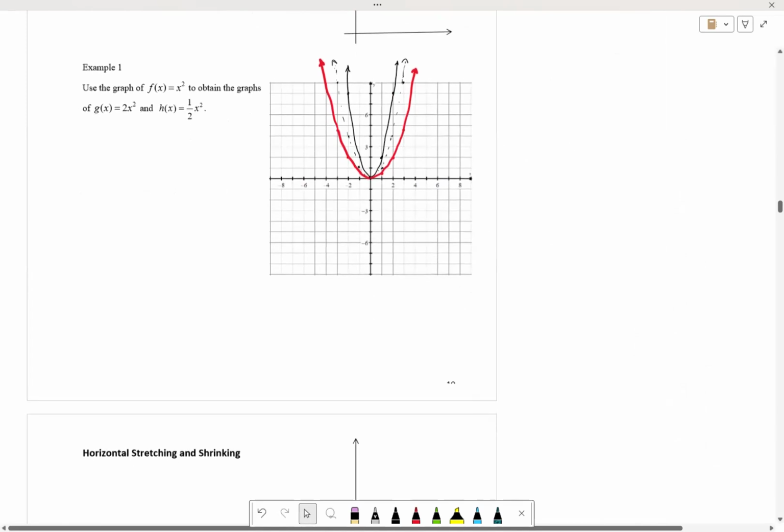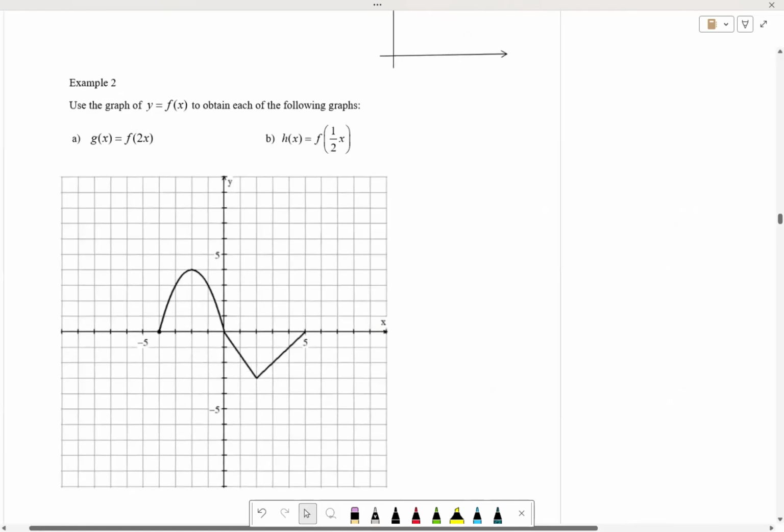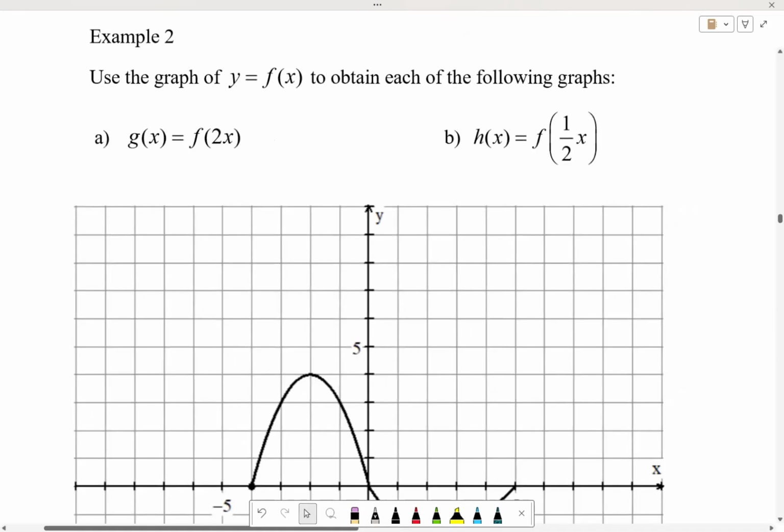Notice a difference here. Notice where that 2 and the 1/2 is. They've changed, haven't they? Here, 2 is on the inside of the function, which means it's going to be affecting the x's. Like last time it was horizontal, if it was inside, it's still horizontal, but it's going to be either horizontal stretch or compression. So that 2x, remember when things are on the inside, like here, the warm-up, minus the things to the right, it's opposite of what you think.